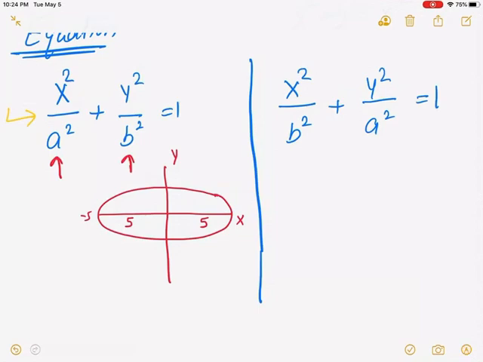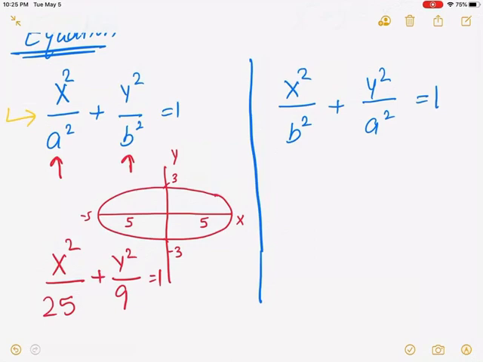Once I write my equation, it would be x squared over, okay, a is the distance, but for the equation you need a squared, so I would do 25. Let's say on the y-axis, it's going by 3 units. So 3 here, -3 here, so y squared over the distance 3 squared, which is 9. This would be my equation. So I repeat, the bottom number describes the distance on that axis.